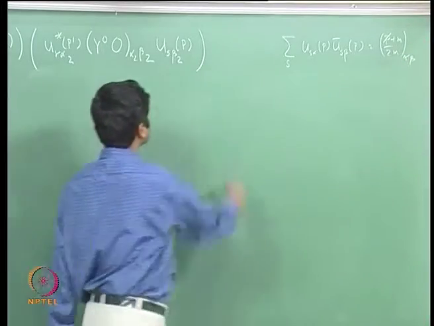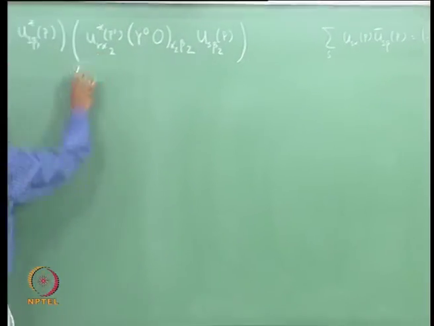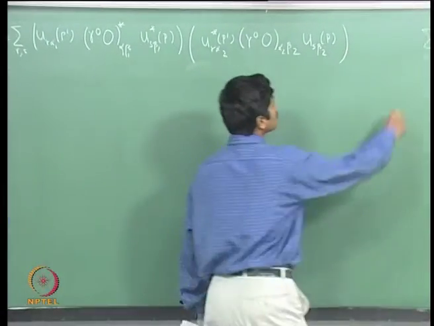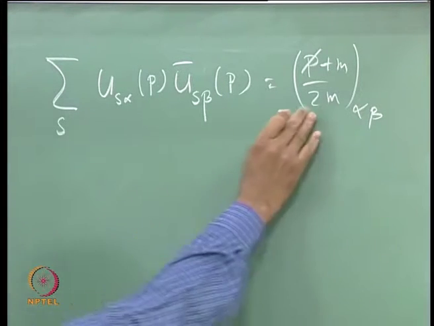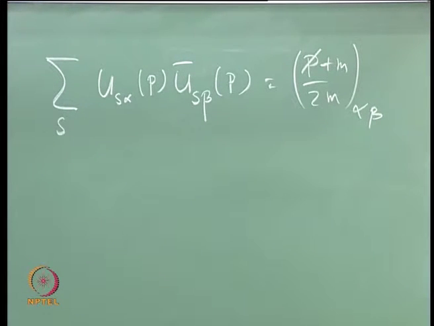We will arrange the components in such a way that we can use this identity repeatedly and then finally substitute the projection operator for that.